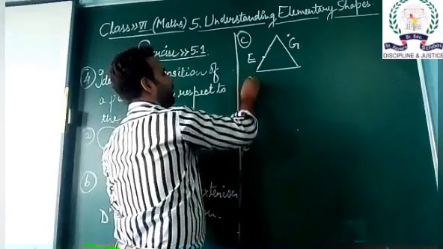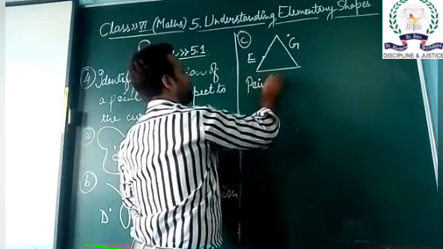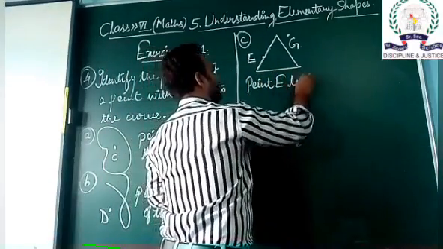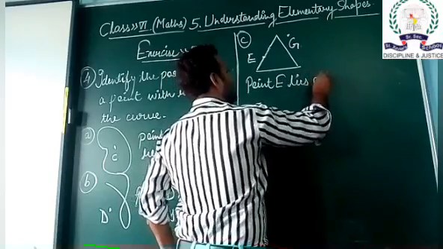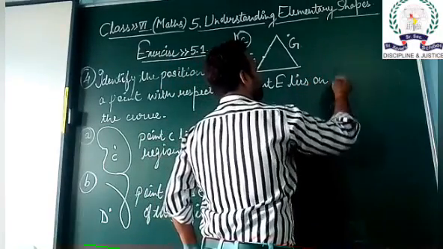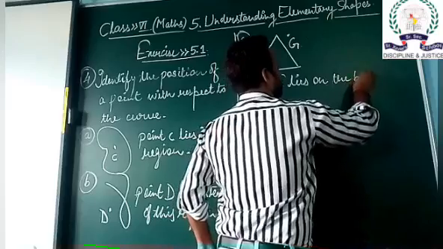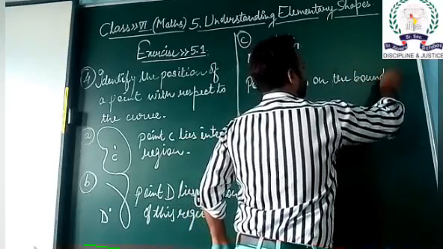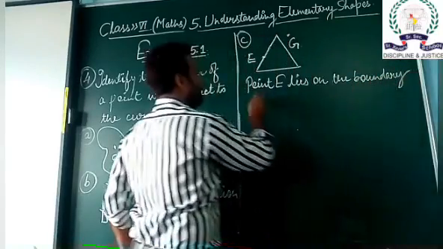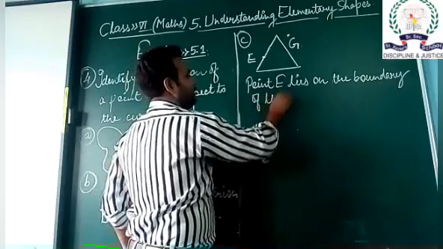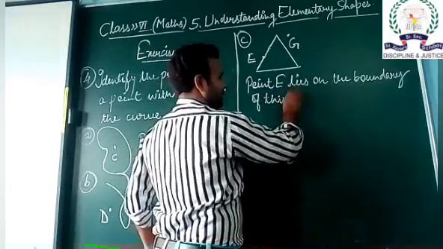Right here, point E lies on the boundary of this triangle, this region.